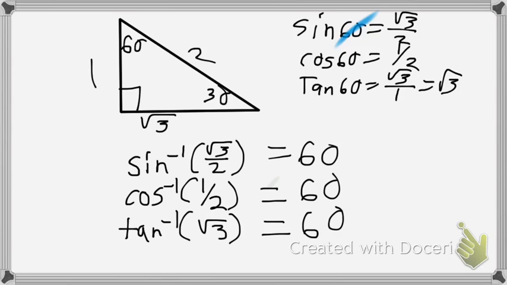Only 60 will have a tangent of the square root of 3. And that makes it very easy for our calculator to line that up and go, if you're telling me that the angle has a cosine of 1/2, that angle must be 60. And that's what inverse or arc trigonometric ratios are.